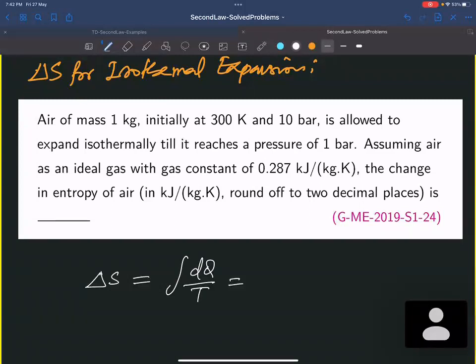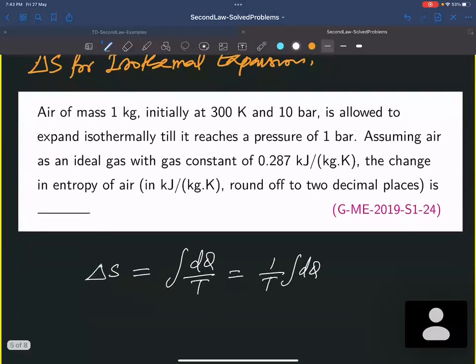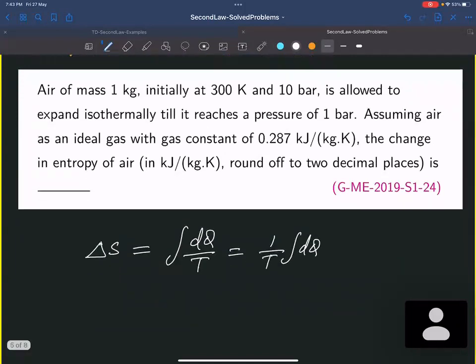So what is dq by T here? For an isothermal process, T is a constant, so we can take 1 by T out, and it is simply the integral of dq. So what is dq for this isothermal process? Always from the first law again.